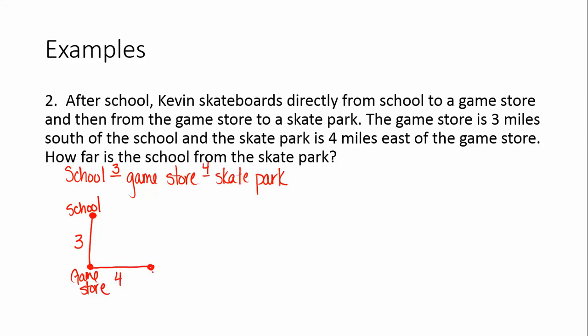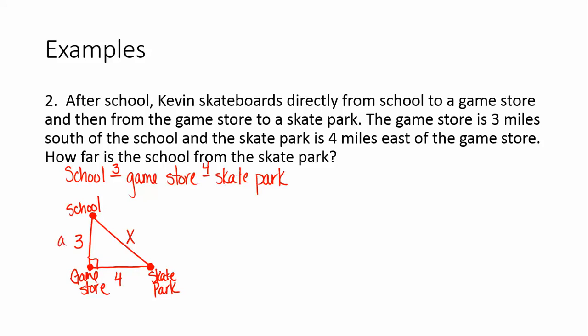So this is 4, and this is the skate park. And it wants to know this distance here. Because it's directly south and directly east, this is going to make a right angle. So we can set up the Pythagorean theorem because this is a right triangle.